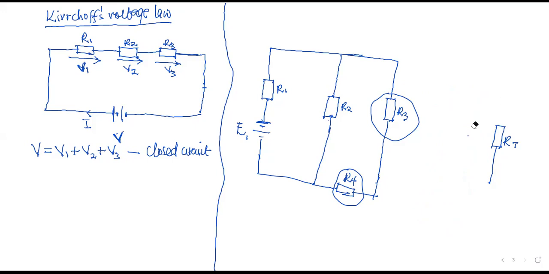So if the question is not complex, just use parallel and series combination and you are good to go. Do not waste your time unless the question as it was framed requires that or restricts you to applying Kirchhoff's law. But if you are not restricted, do not waste your time. Okay, so this is what we have.